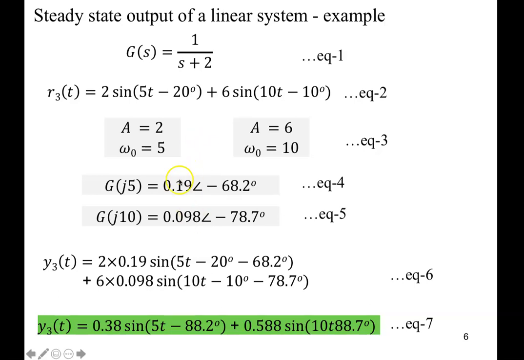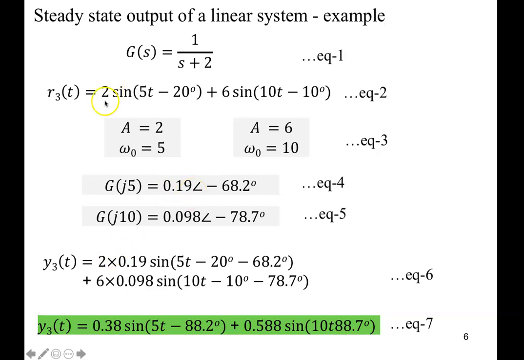You're going to apply the magnitude and the phase angle to the first part. This magnitude and this phase angle to the first part or first term of input. So in this case, because the input frequency is 5, and I know the magnitude of this frequency is 0.19, okay, from the transfer function.